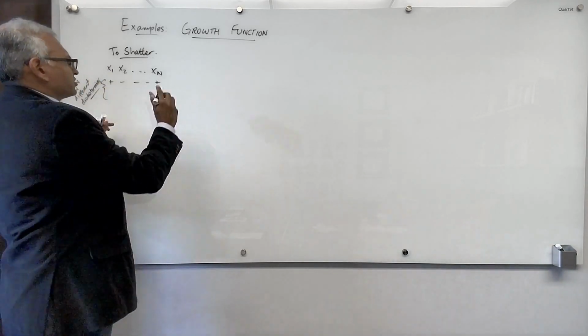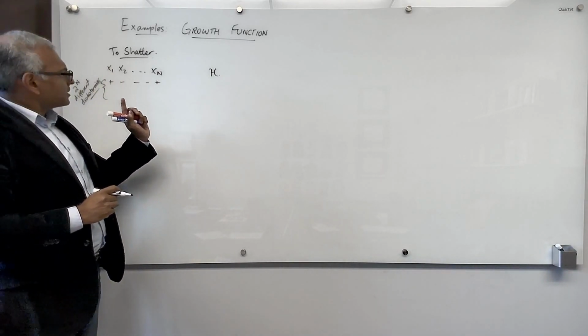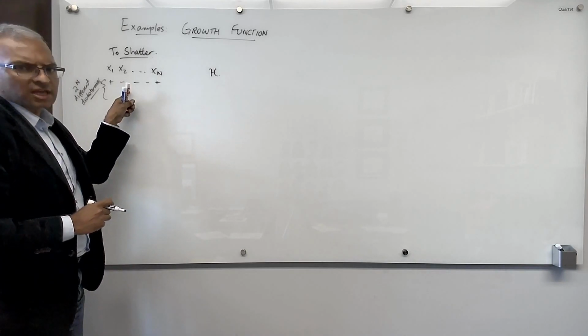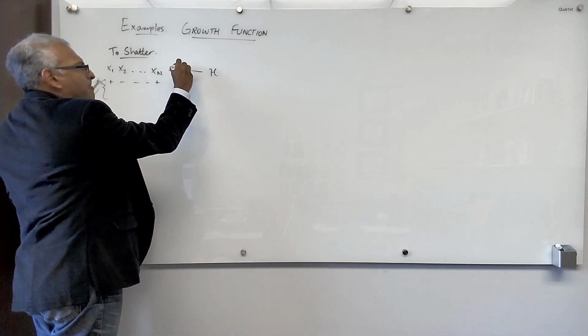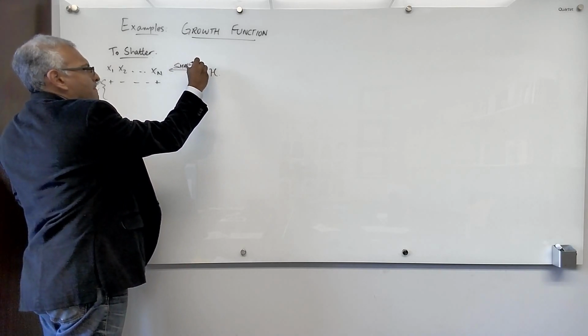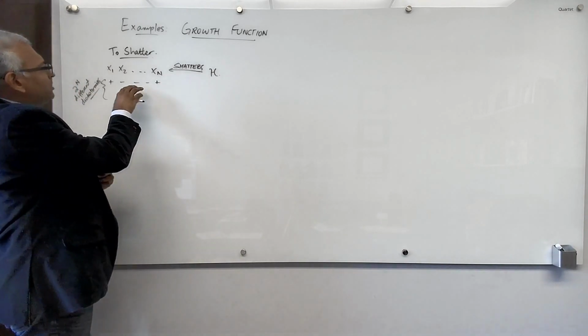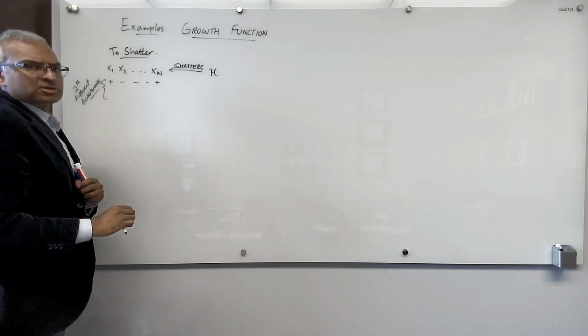Okay, now you have a hypothesis set H, and this hypothesis set consists of hypotheses, and each hypothesis induces a dichotomy, and we will say that H shatters the points if H can implement all these 2 to the n dichotomies on this set of points x1 to xn.